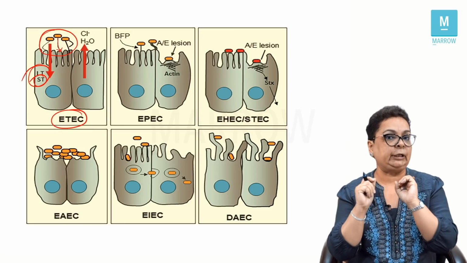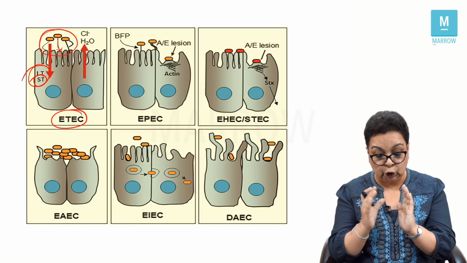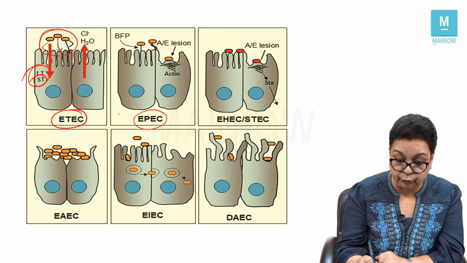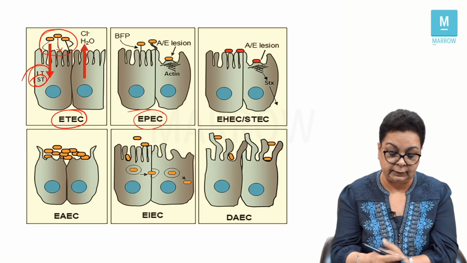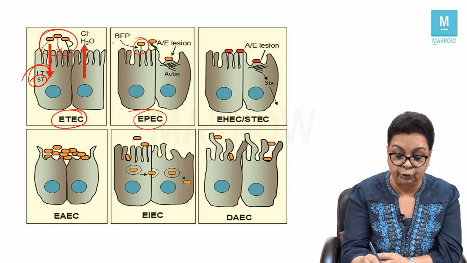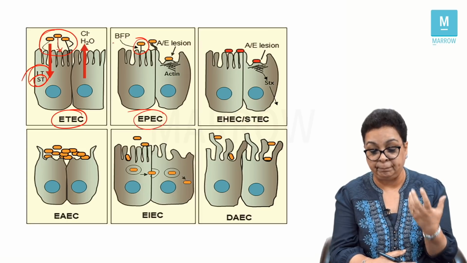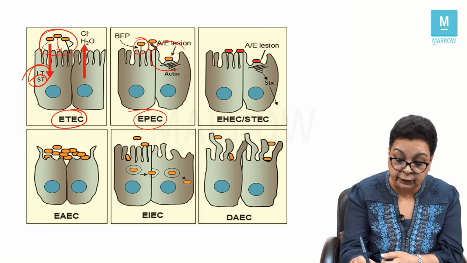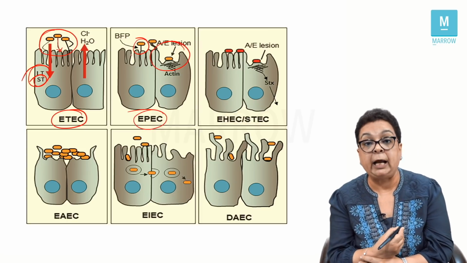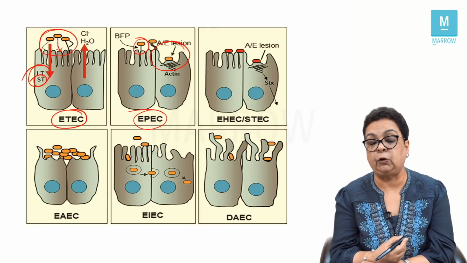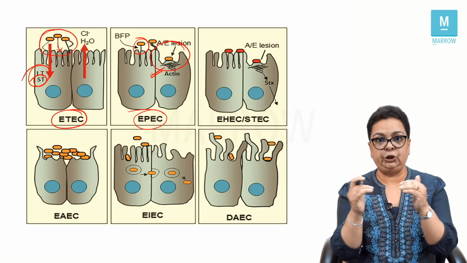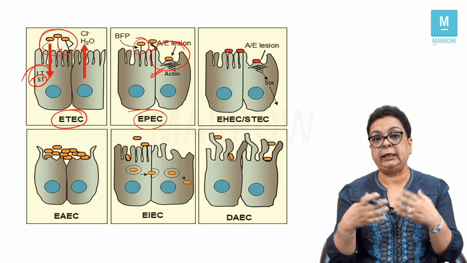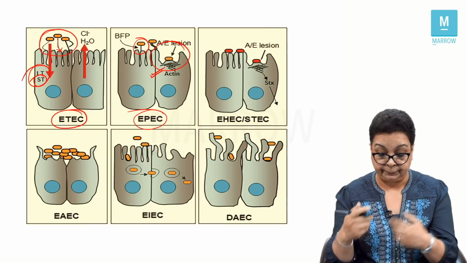This causes the secretion of ions into the intestinal lumen. Next, moving on to EPEC, the most common cause of bacterial infantile diarrheas. They have the bundle forming pilus, and then they adhere to cup-like pedestals and cause effacement of villi. They also disrupt the tight junctions between the enterocytes, increasing the permeability.